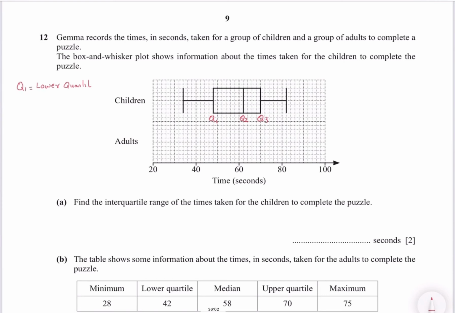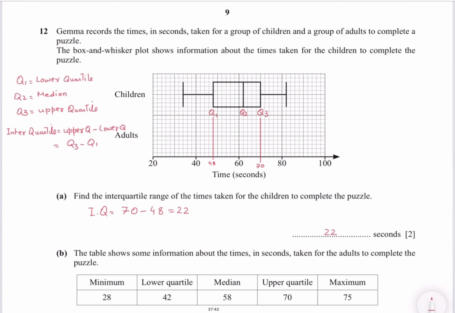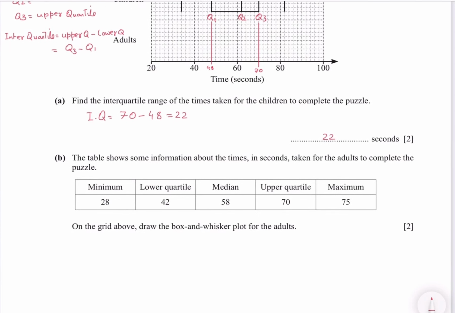So from the graph you can read the values directly. Upper quartile Q3 is 70 minus lower quartile Q1 is 48. So our interquartile range is 22.